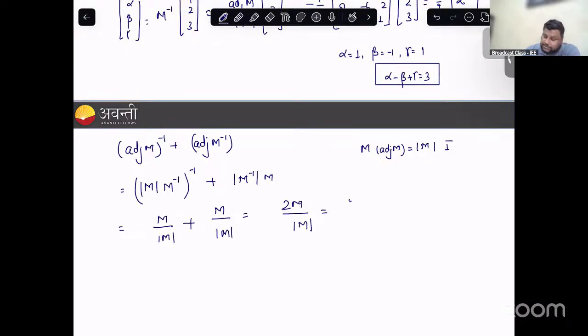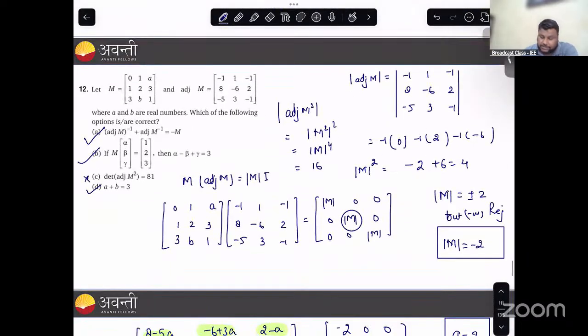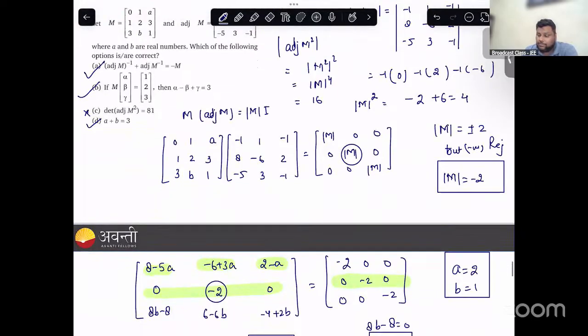So it is 2M upon minus 2. So it is minus M. That is also a correct answer. Have a look. Very good question.